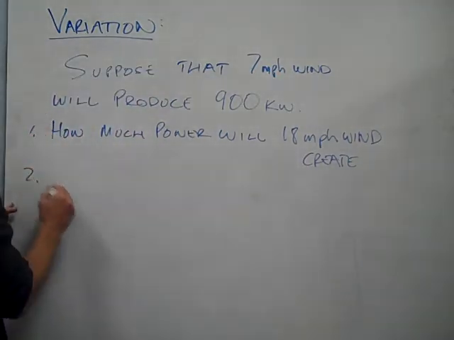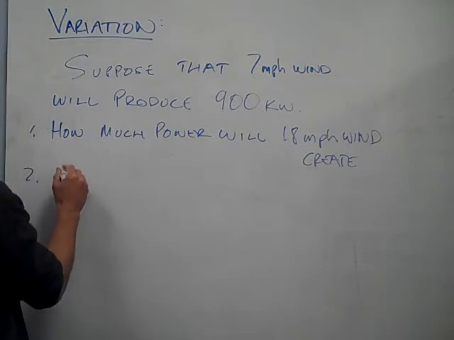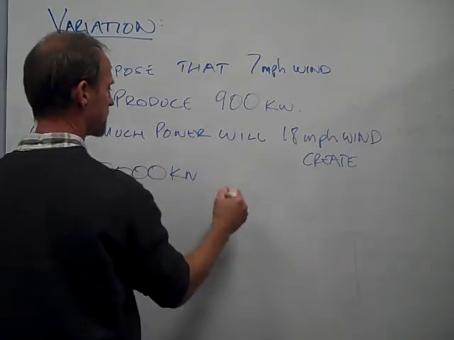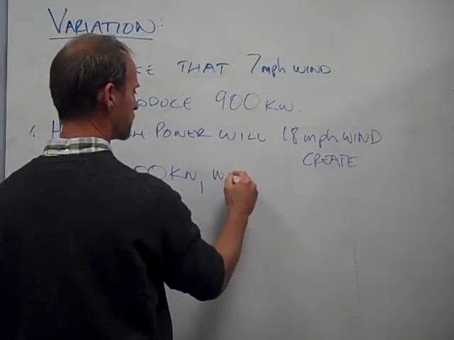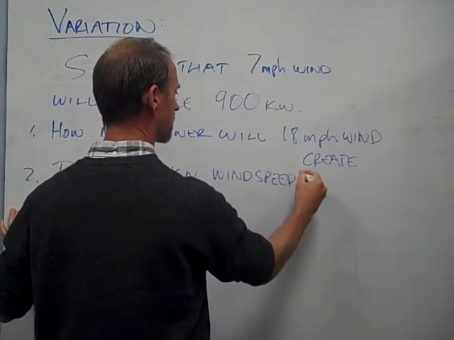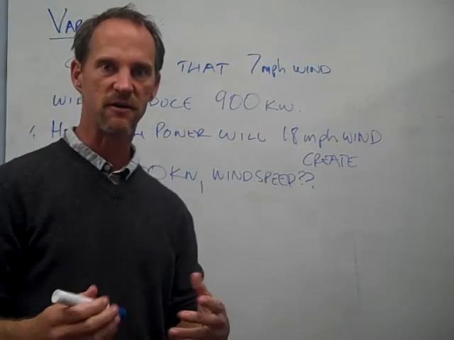Another one might be, suppose I have a target of 2,000 kilowatts. All right? If 2,000 kilowatts is being produced, then what is the wind speed? Okay, so two separate questions, but both of these will solve sort of the same way.